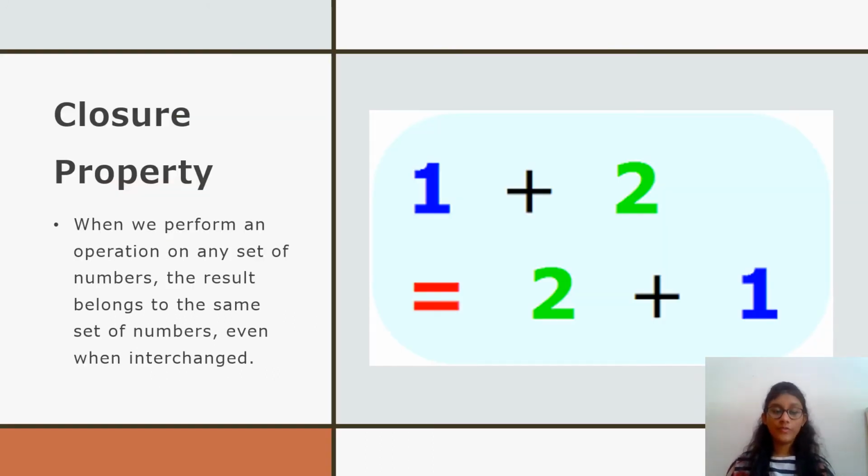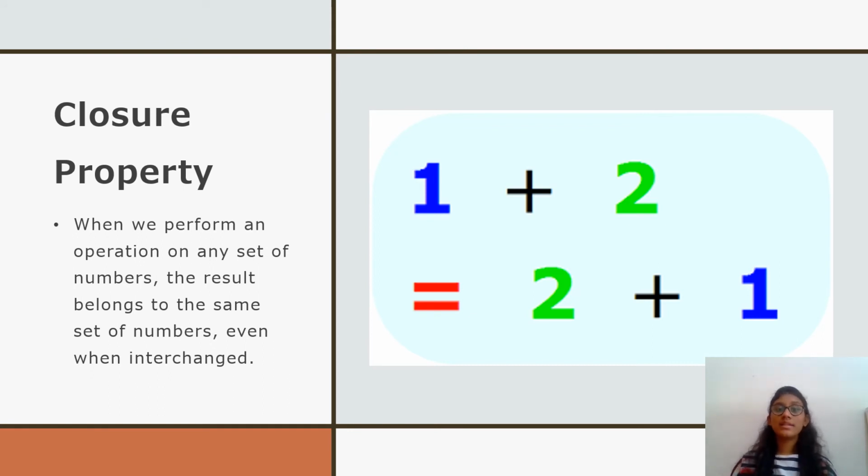Now we will be moving on to look at the different properties rational numbers follows. The first property is the closure property, which basically tells that when we perform a mathematical operation on any set of numbers, the result belongs to the same set of numbers even when the numbers are interchanged. For example, when we add 1 and 2, we get 3, which belongs to the same set as 2 plus 1, which is the same set of natural numbers.